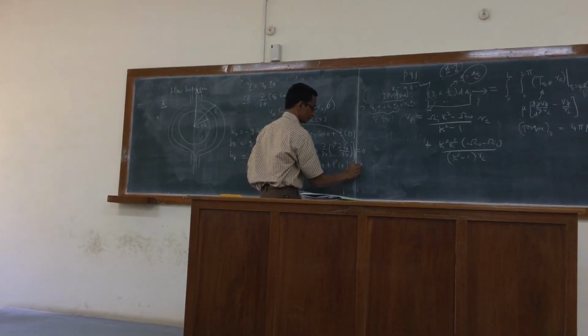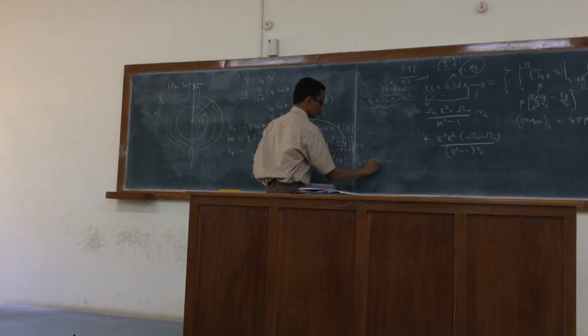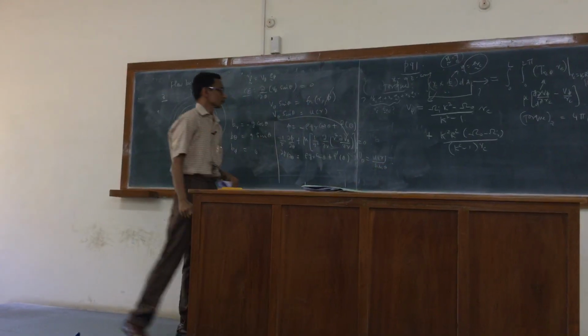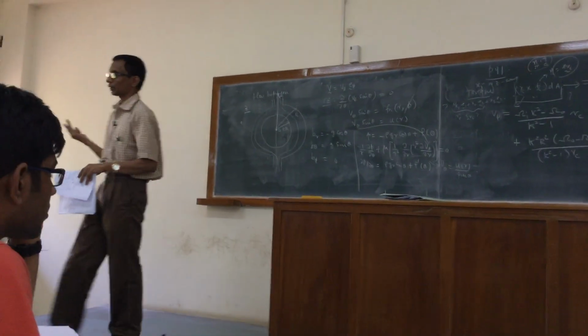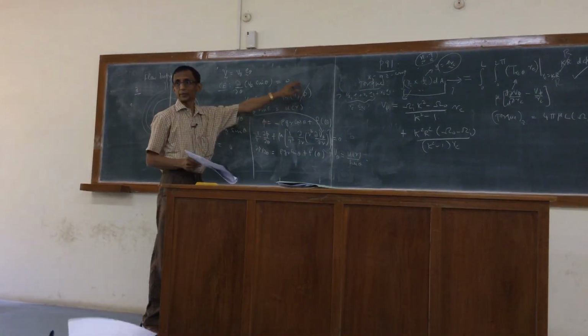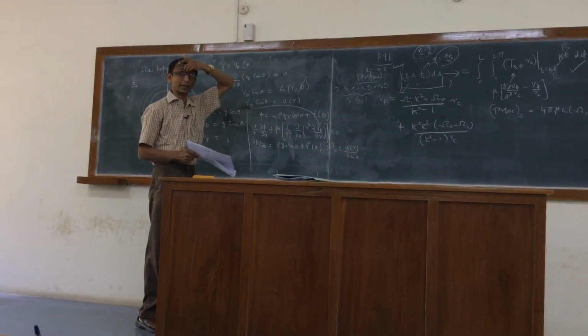If I substitute v theta is equal to u of r by sin theta, that formula is dictated by the continuity equation. Of course, we are neglecting the dependence on phi. That's an assumption you are asked to make.